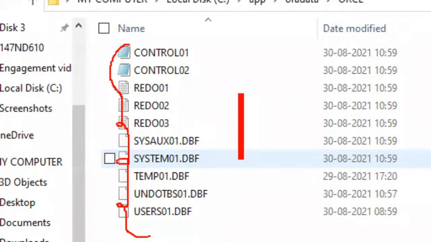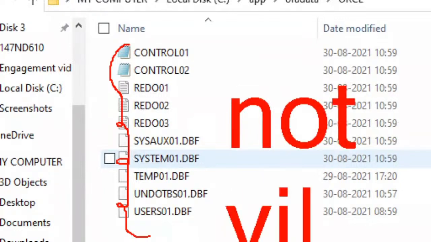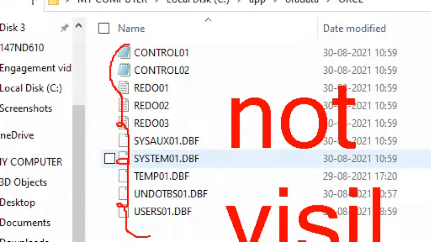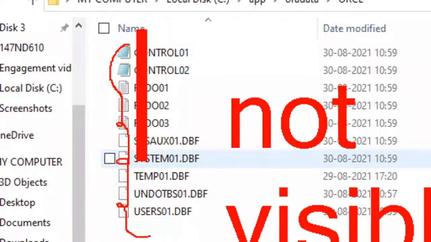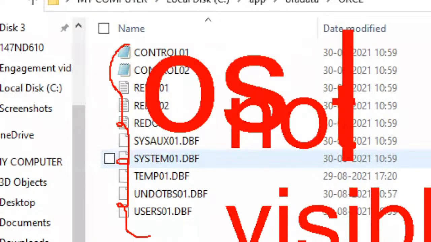Z is a table I'm giving only. Is that table visible in the operating system or not visible? Very good. Not visible. You are observing. This is not visible. That's why a structure which is not visible in the operating system, OS, is called a logical structure.